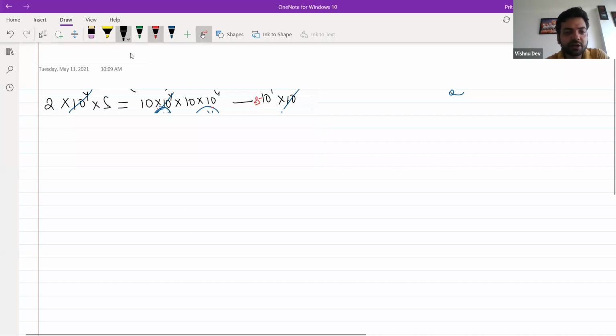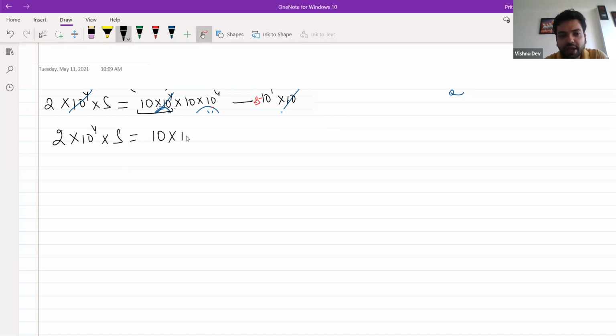So we were at this part of the calculation. We have 2 into 10 to power 4 into s is equal to 10 into 10 to power 4 minus 25 into 10 to power 4 into 10 to power 4. Why have I not combined this?